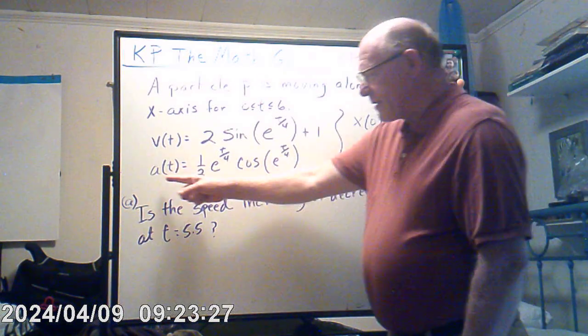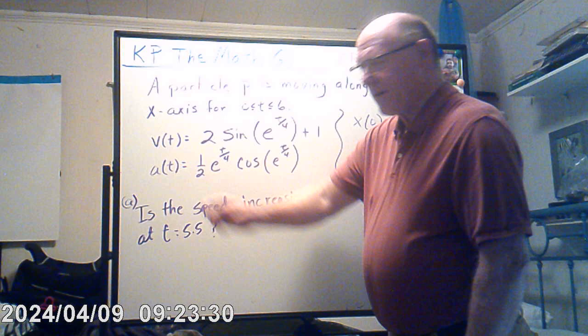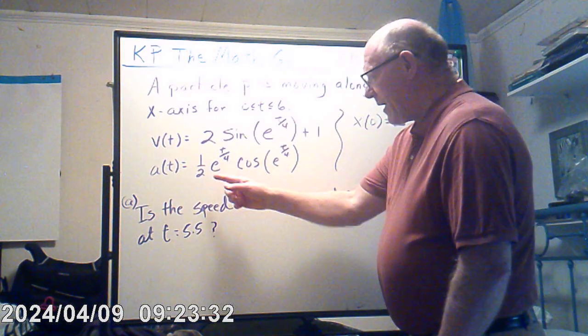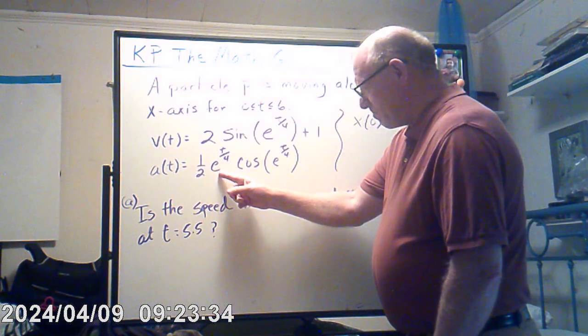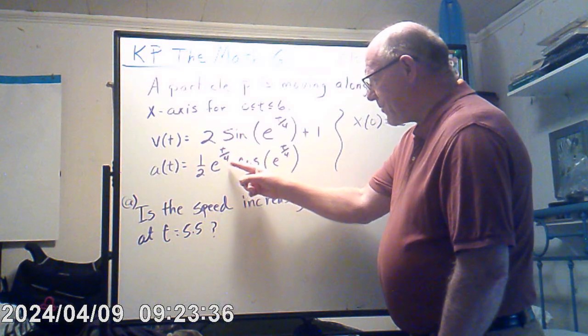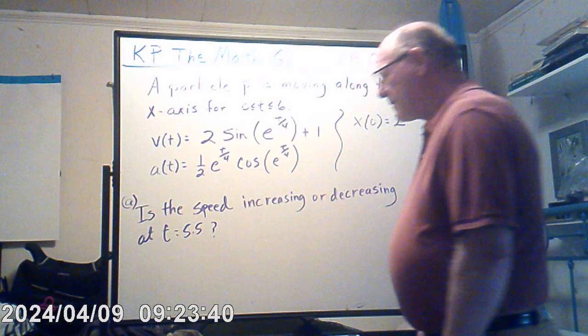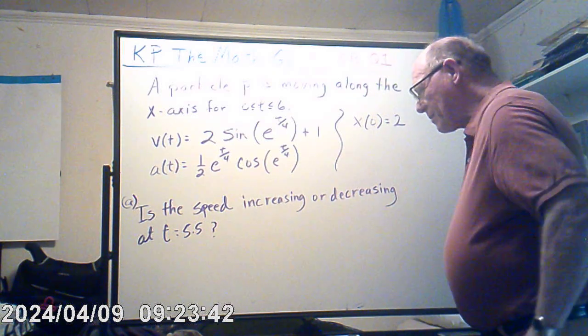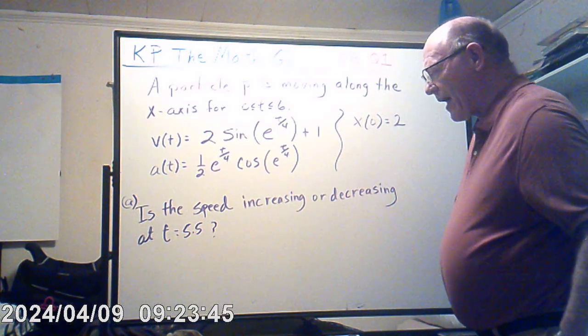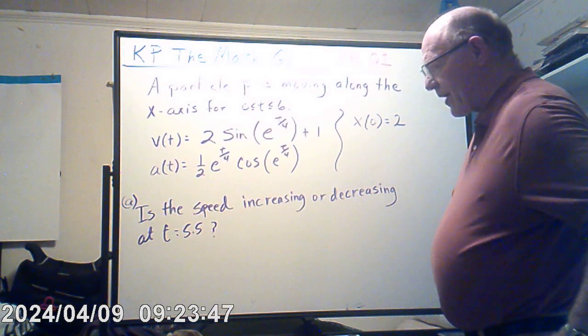A of t is the acceleration, so velocity and acceleration: A of t is 1/2 e to the t over 4 cosine of e to the t over 4. Now, is the speed increasing or decreasing at t equals 5.5?